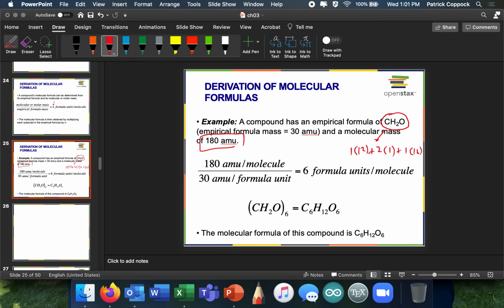This is going to be 14 plus 16, which is 30 grams per mole, or AMU. So if I've got 30 AMU, and I know that the molecule is 180 AMU, then aha, that's going to be 6. So I'm going to multiply all of these by 6. So it's C6H12O6, and boom, that's probably glucose.